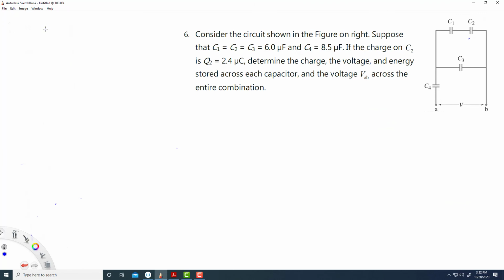Okay, so let's look at this problem. So let's rewrite the circuit diagram.